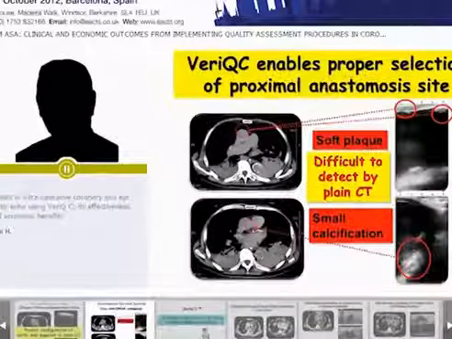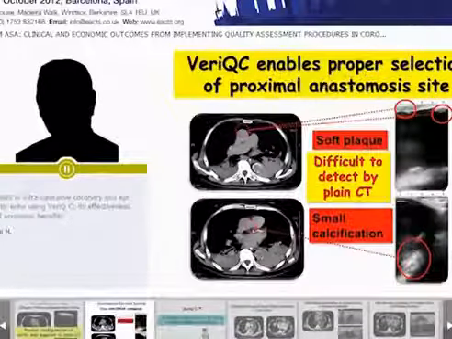So I introduced VQC for other cardiac procedures, and I found different potential of VQC. See, this is a case of acute aortic dissection. The CT shows it looks like there is coronary artery disease in the LAD and right coronary artery.